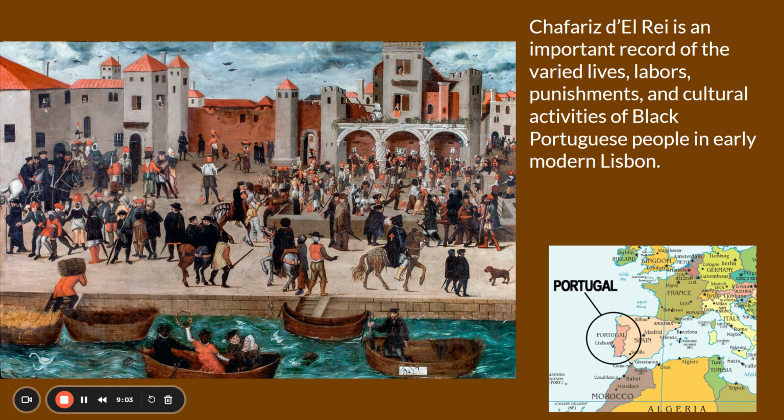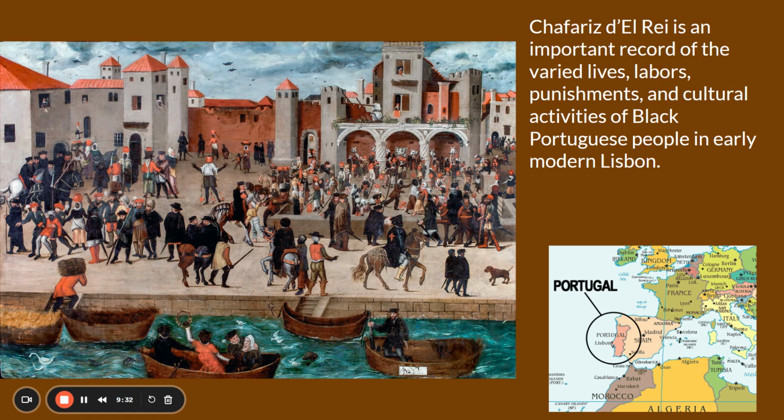What I also want you to take note of is the close proximity to Northern Africa. Right up here we've got Morocco, and then over here on the other side, we would start to get to Egypt. This is the top portion of Africa, and it's in close proximity.